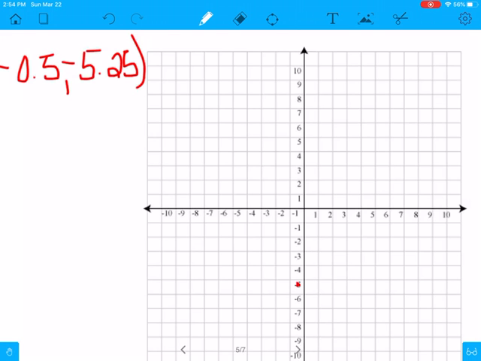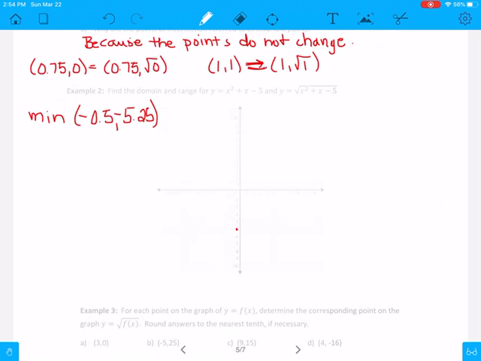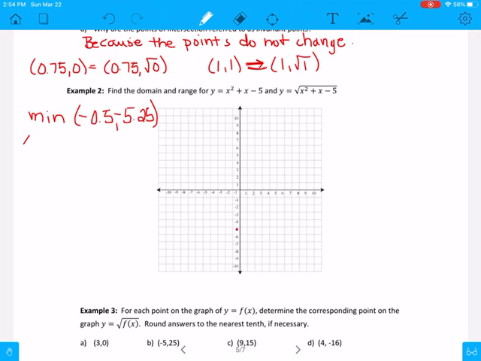So approximately there. So I need my minimum or my maximum, and I need my x-intercepts. And then I can put in other points as well, but these are the needed points that I need to sketch when I'm sketching this original one. So my x-intercepts, I can use my calculator to find them as well, the way that we went through in class. If you can't remember, message me and I will help you.